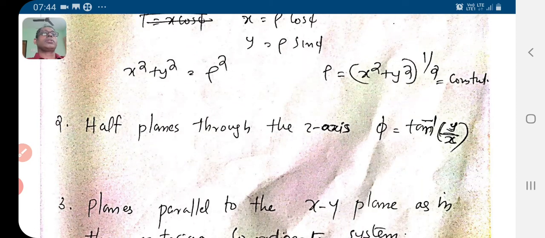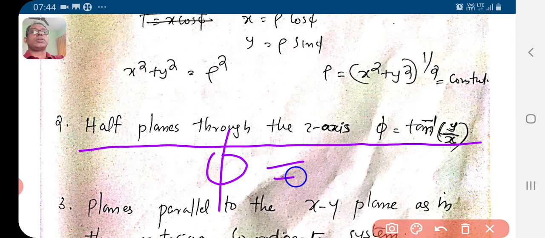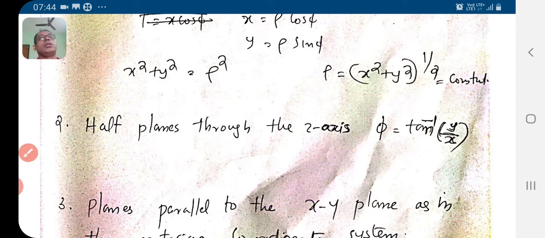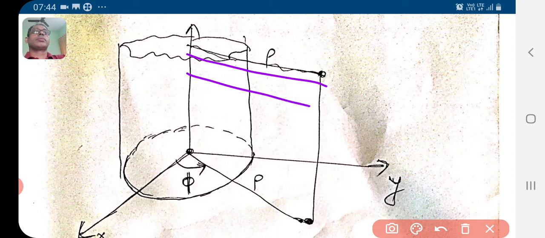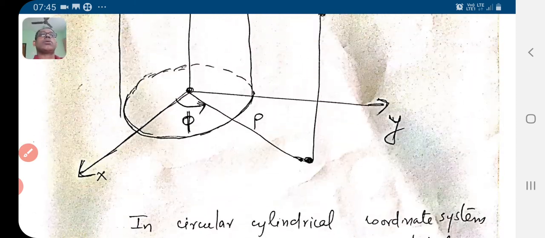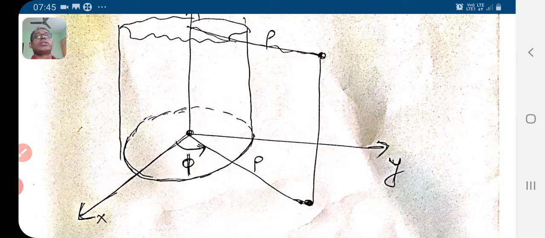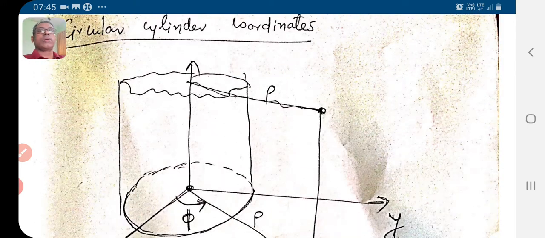Then the second surface, phi constant, is half planes through the z-axis. So it is this. This is the phi constant surface. Then the z constant surface is planes parallel to the xy plane, as in the Cartesian coordinate system.